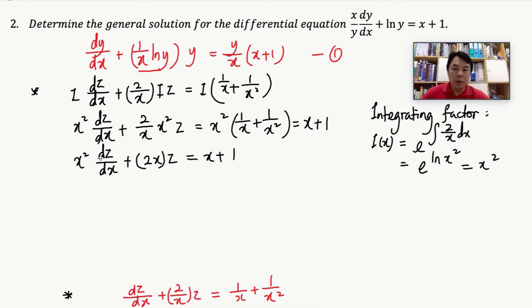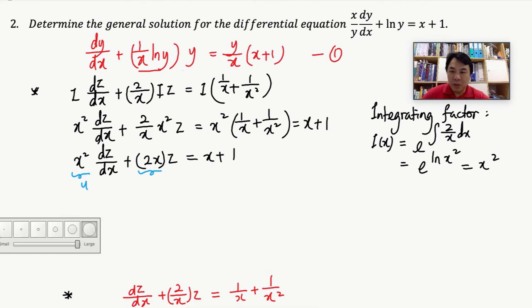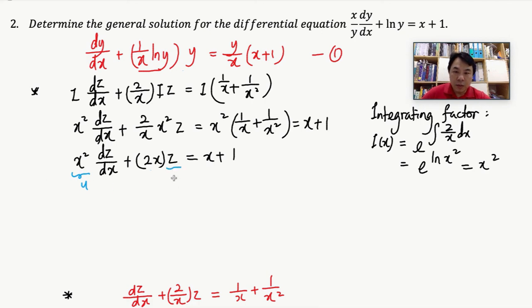Now you will notice straight away this involves the product rule, where this section here is u, and the other section is v in this case.